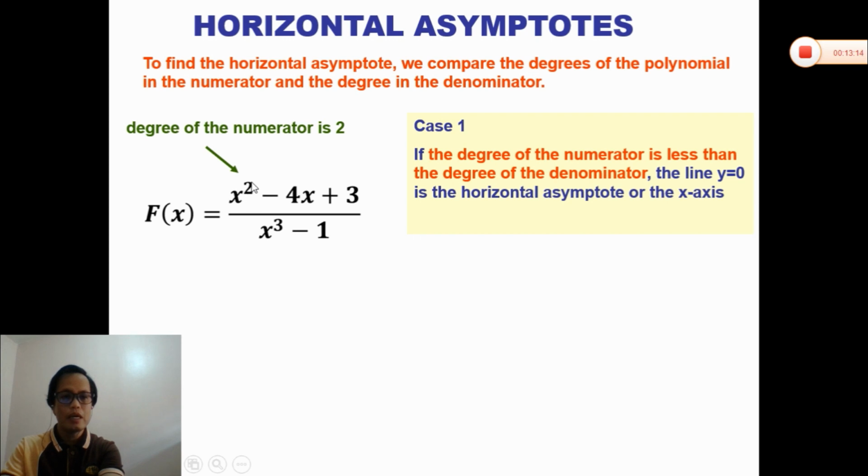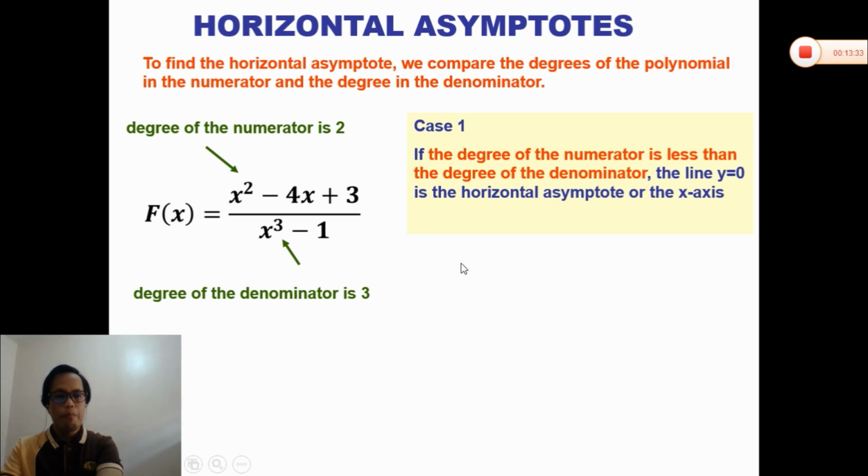Remember, the degree is the highest exponent in a polynomial. So in this case, our degree is 2. And in the denominator, the degree is 3, so we have here x cubed minus 1.